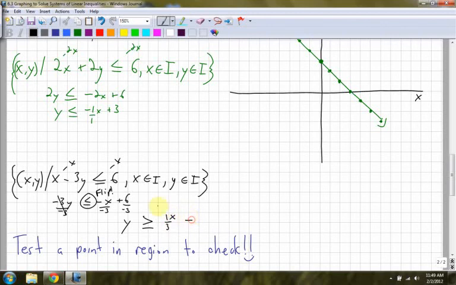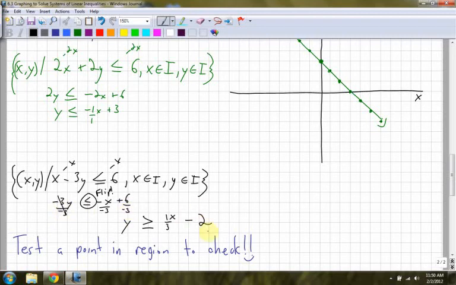And then minus, because 6 divided by negative 3 is a minus 2. So you gotta be really careful when you're dividing by a negative to flip the sign, because it's going to totally change your region. And be very careful that you divide each term by that denominator, by the negative 3.